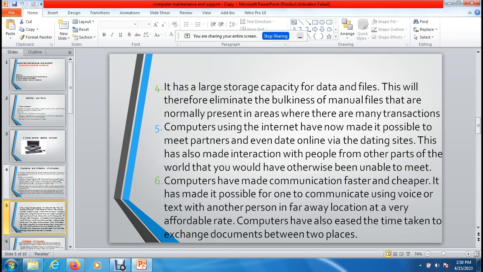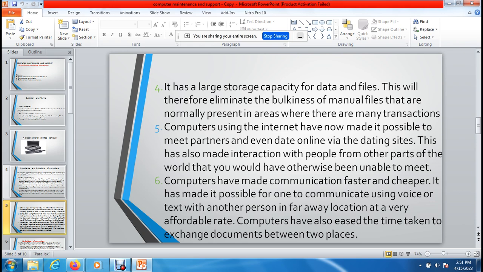Number 6, a computer has made communication faster and cheaper. Let's say when you are using email, it is affordable compared to making a phone call. Let us take an example.